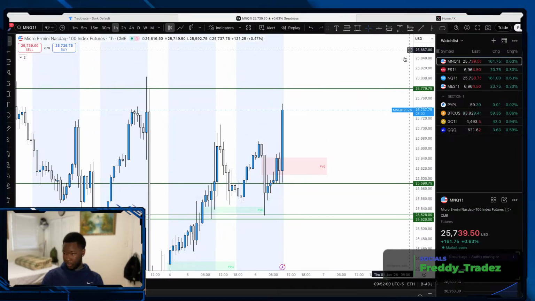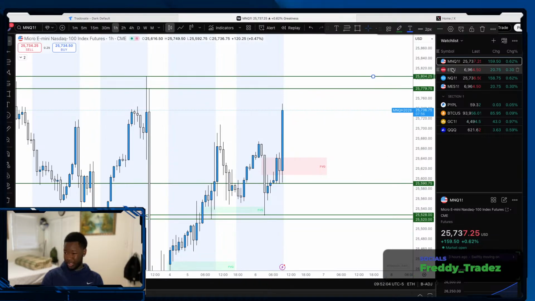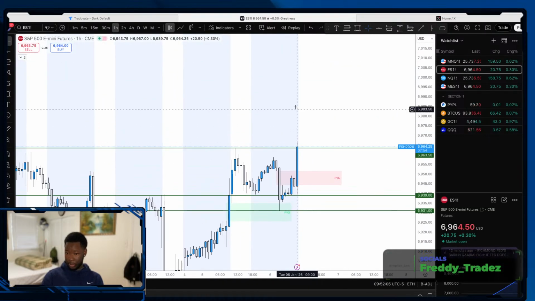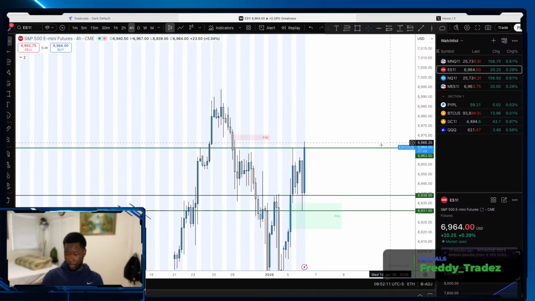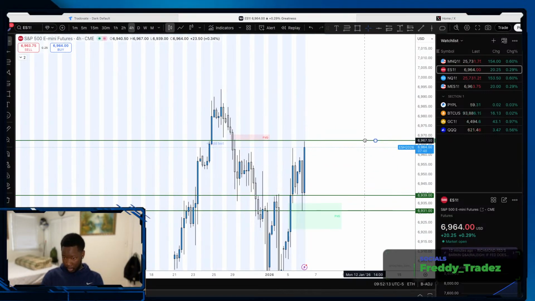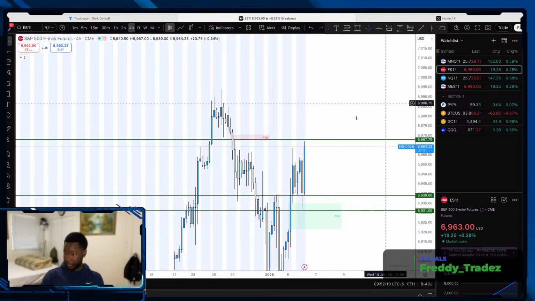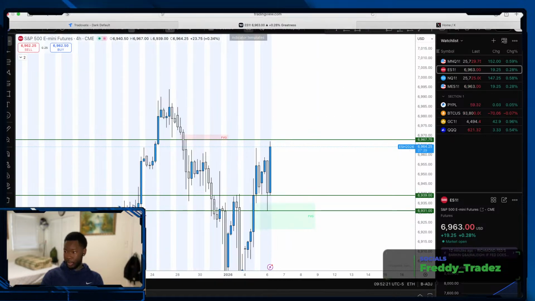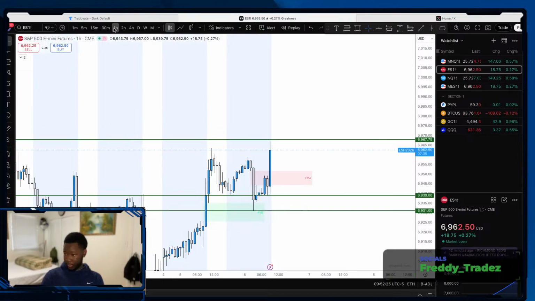Yeah, see, this is what I didn't want because we've already taken out a lot of liquidity higher, so probably gonna get pulled back, and we don't want it to pull back too much. But this does confirm the higher bias, right? This confirms that we're bullish on the day. We're gonna probably continue higher. Now it's gonna be a little bit harder to find a good entry because we don't want to long the top, right?